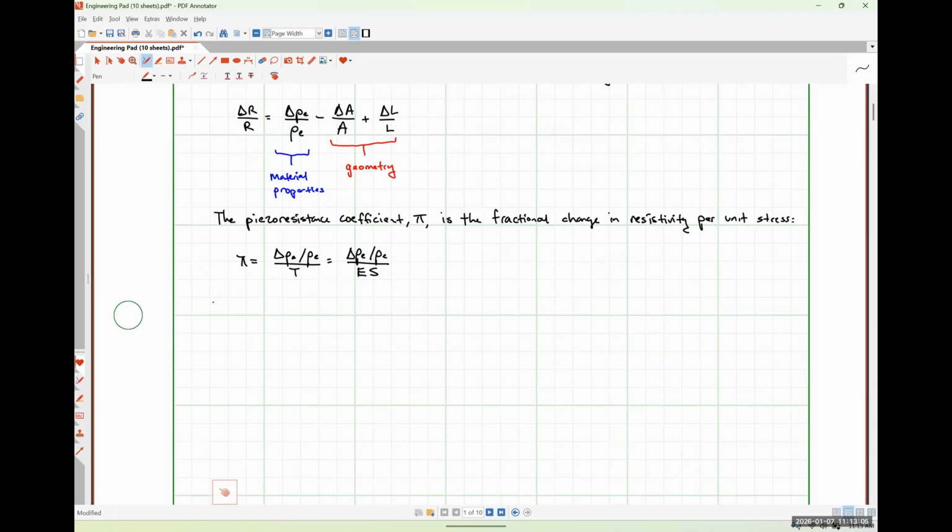The gauge factor, GF, is the fractional change in resistance per unit strain.